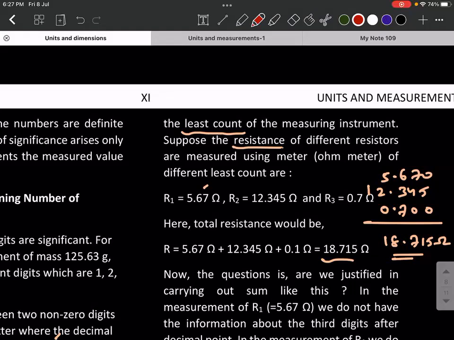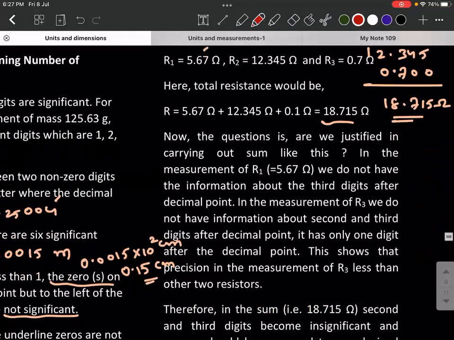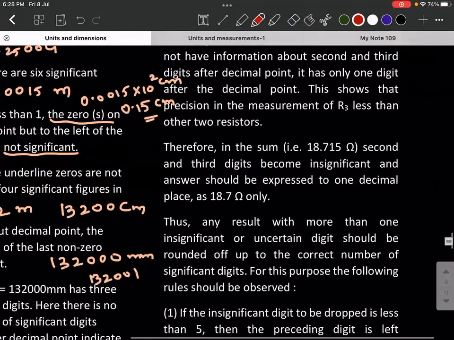So I need to report the final answer in the least number of significant figures possible. Only then will my answer be accurate. Are you able to understand what I'm trying to say? So the answer that you're going to report will not be 18.715, rather you will report it only as 18.7.